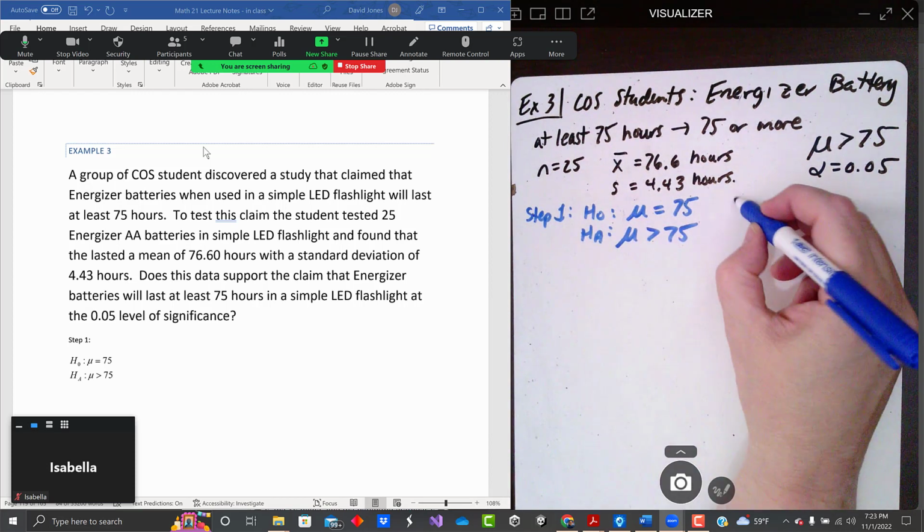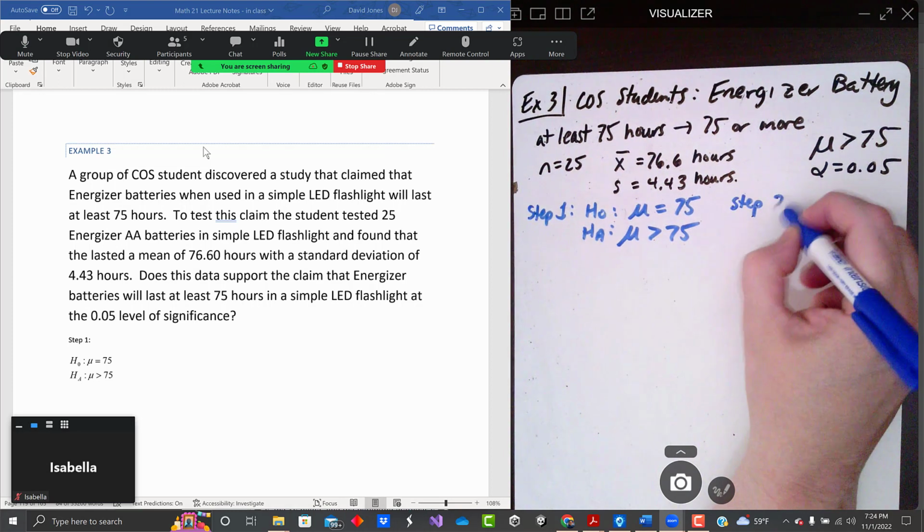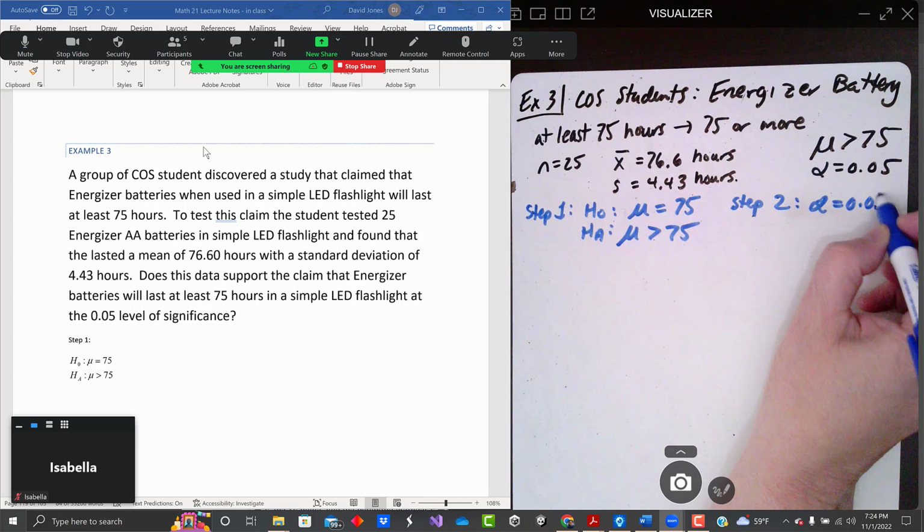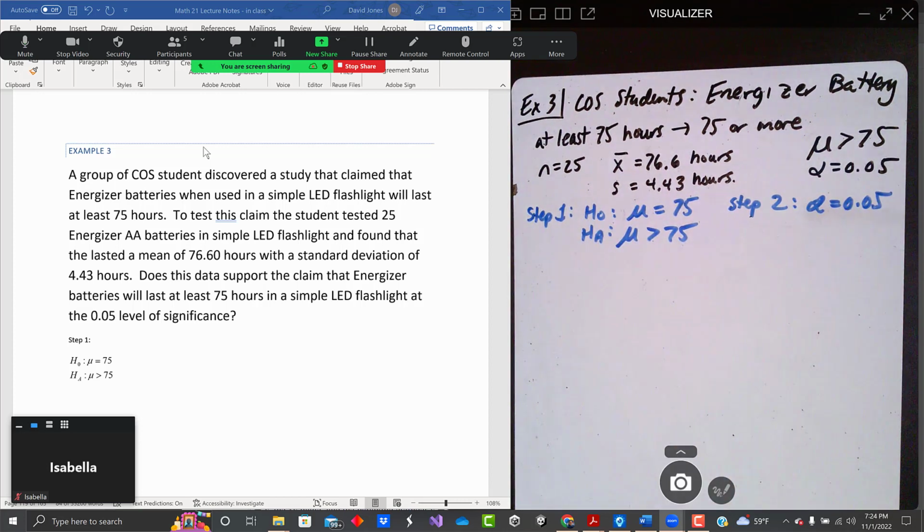Step 2 is alpha. And it's given to us. Alpha is given at 0.05. Step 3 is a StatCrunch thing.